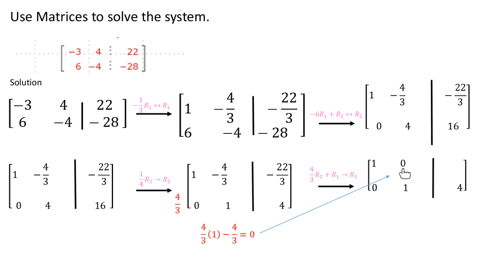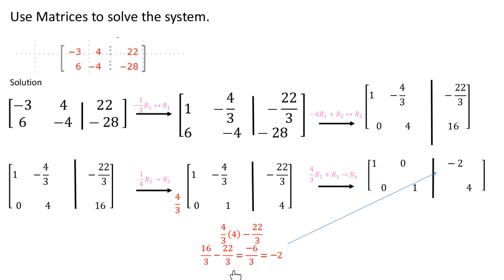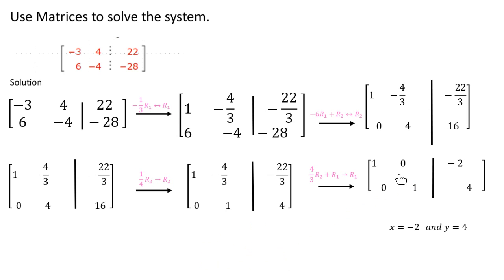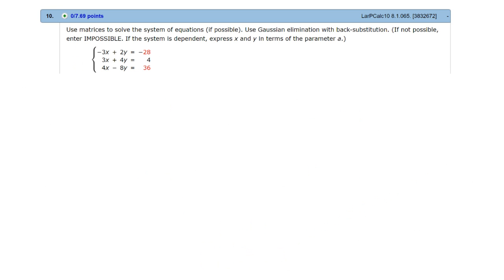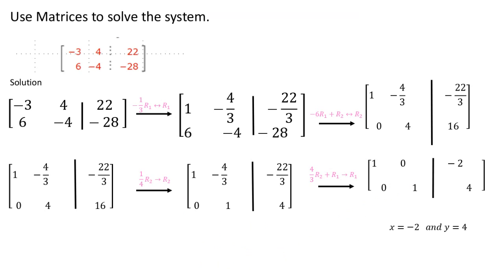And then the third one, 4/3 times 4 is 16/3 minus 22/3 gives me a negative 6/3, which is negative 2. So now if you notice, I have my identity on the left, so I know these are my constants. So my solutions would be x is equal to negative 2 and y is equal to 4. Okay, any questions on that one?